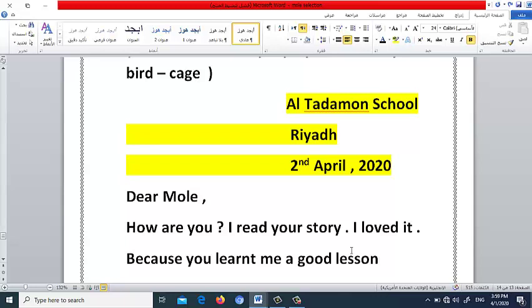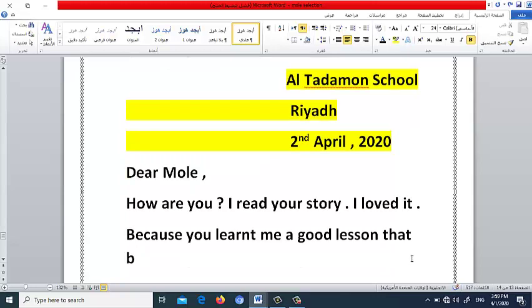Which lesson? That birds are meant to fly. From this story, all of us learn that Allah creates birds to fly. Birds are meant to fly.